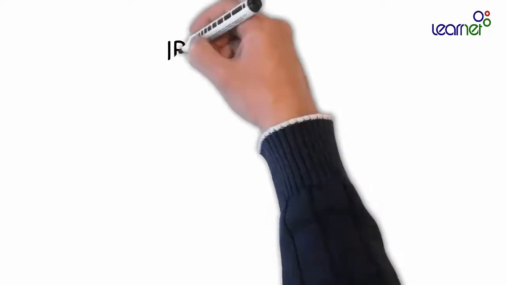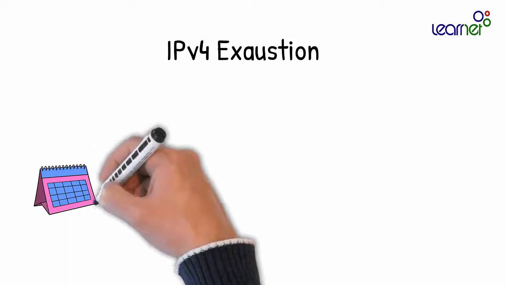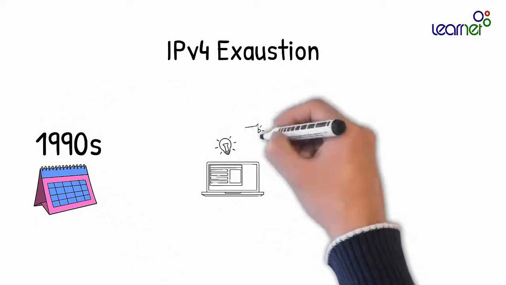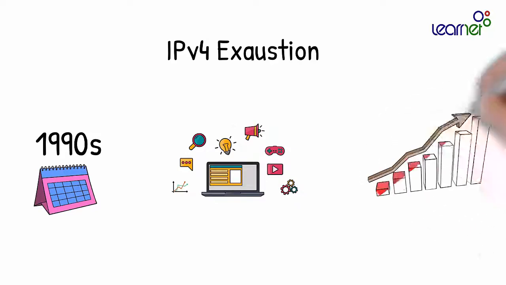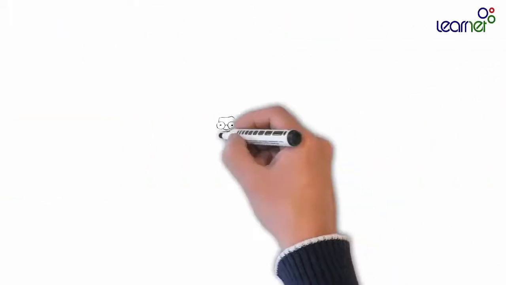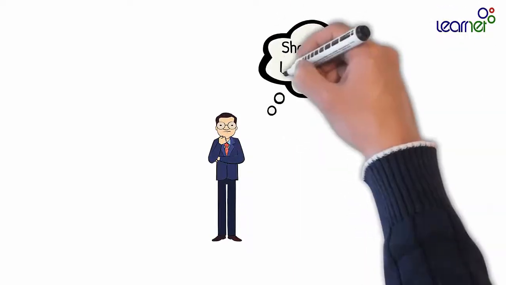The main reason that IANA needed a new version of IP was IP version 4 exhaustion. By the early 1990s and the introduction of e-commerce, the need for IP version 4 increased significantly. So they needed to think about a new solution, and they had to find a short-term solution as well as a long-term one.